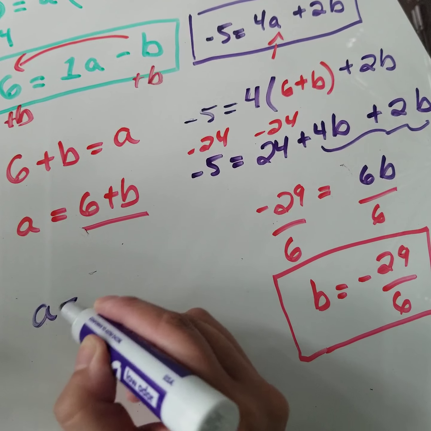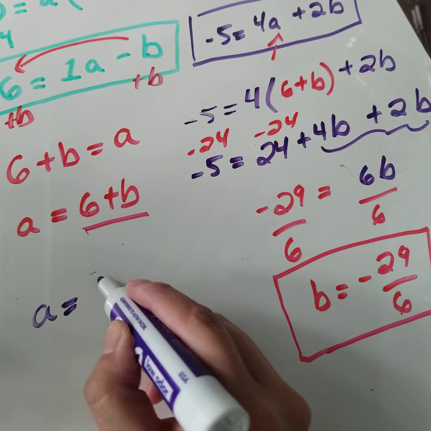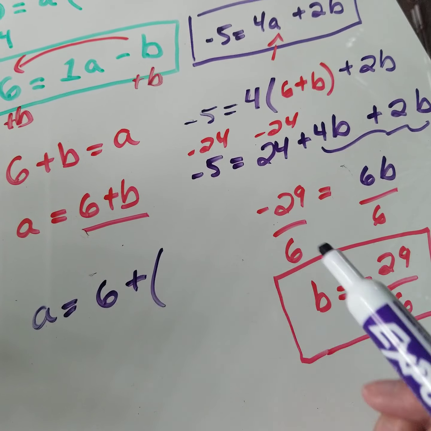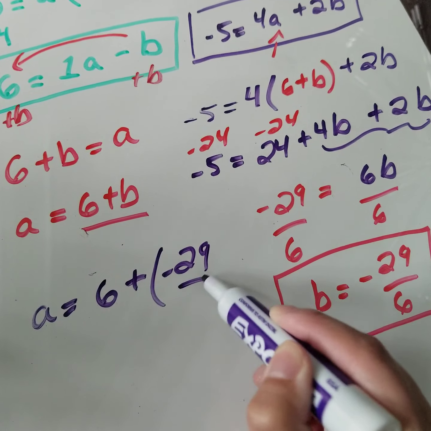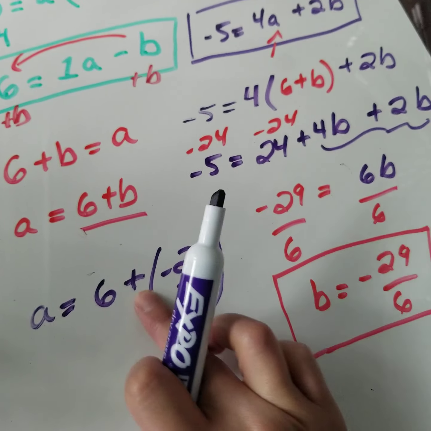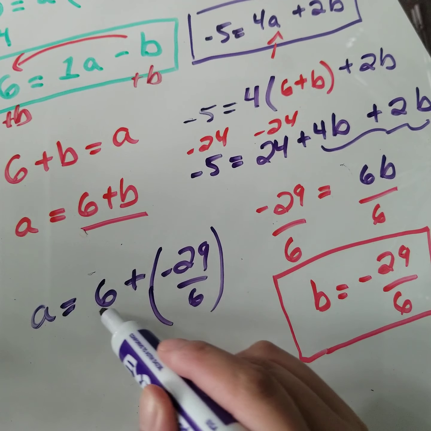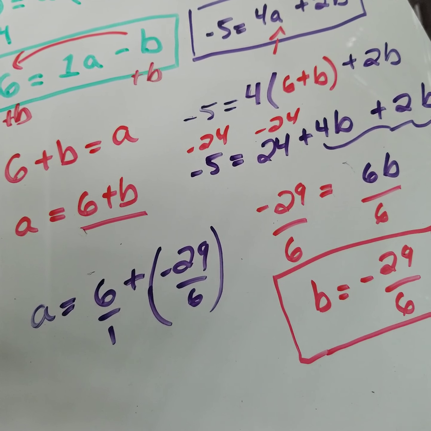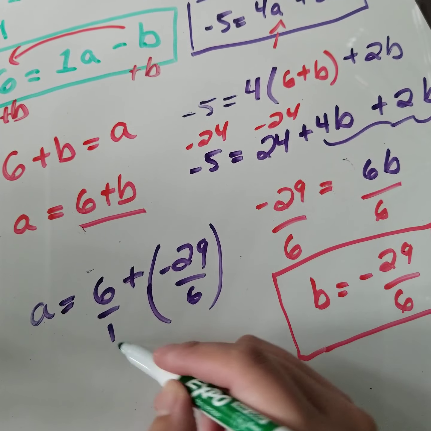So a is going to be equal to 6, and they're adding this, so I can add negative 29 over 6. Here we would need a common denominator because we're adding or subtracting fractions in this case. So let's give this a denominator that's common.